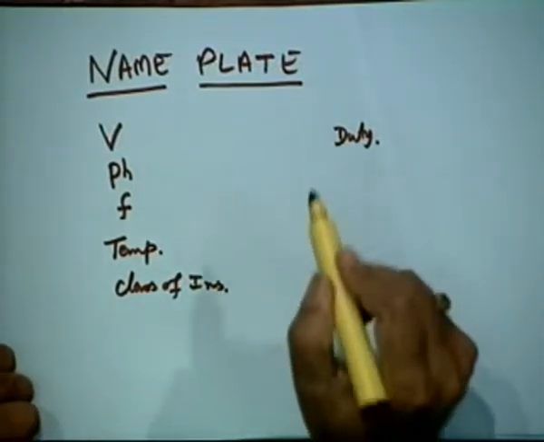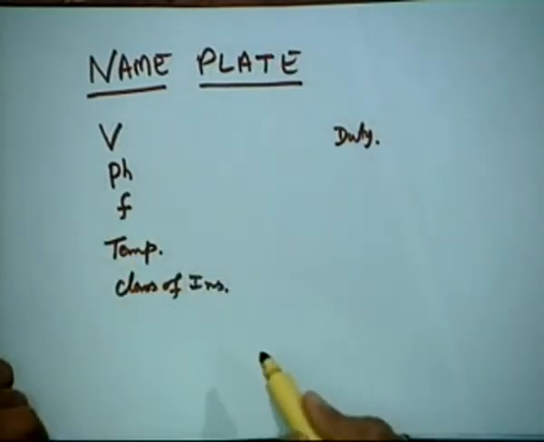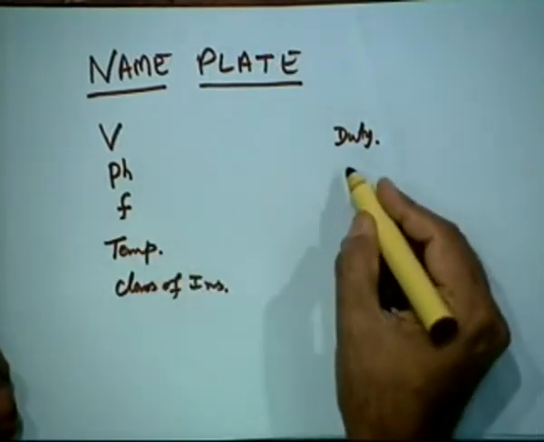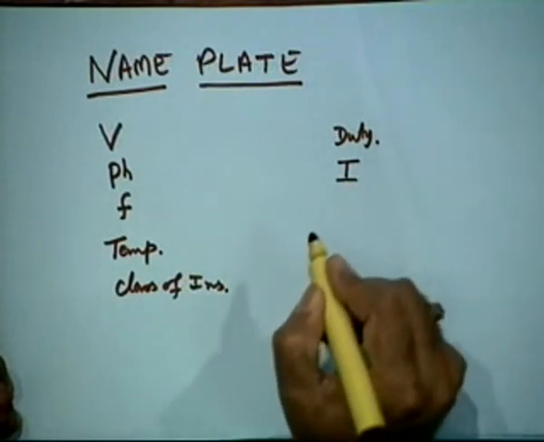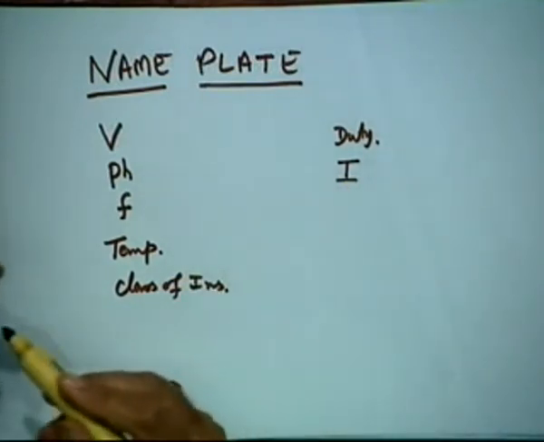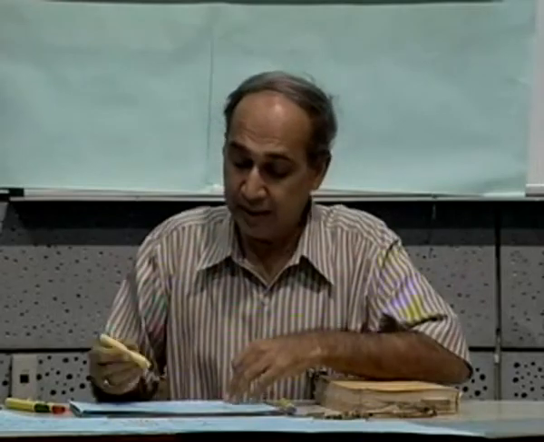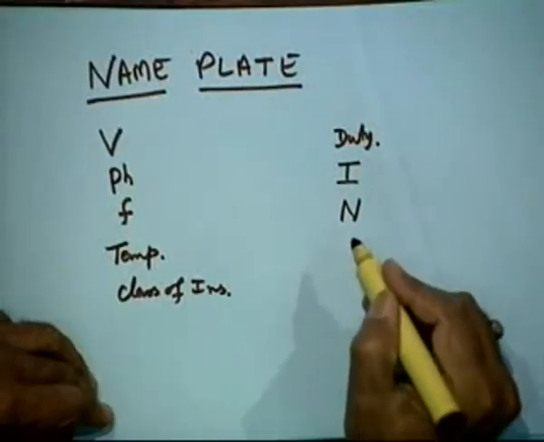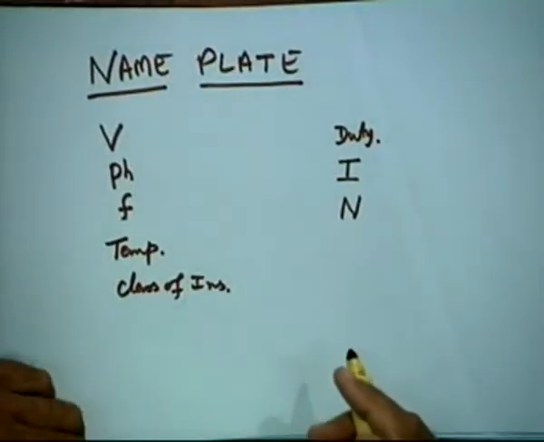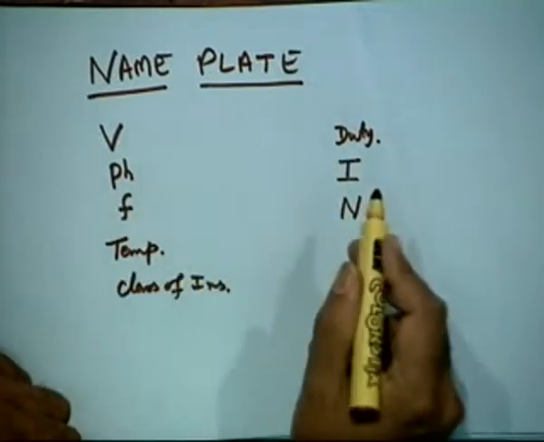So you must look at a nameplate. This is an important aspect to see, and it also tells you how much current you can pass through. Current may be in the armature or field, and armature voltage and field voltage are all specified. It also tells you the rated speed. So these are all called rated values.